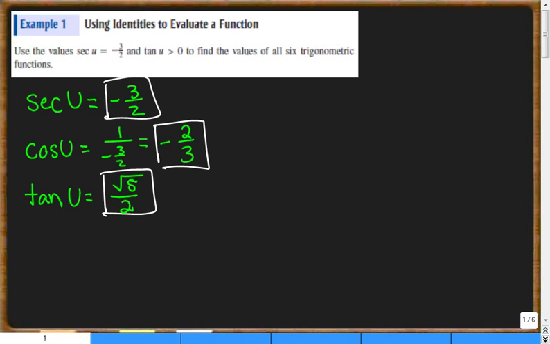Now, the next one I'm going to want to solve for is, why don't we get the sine? Sine will make things easy. The one thing I know is that sine is 1 over cosecant, which I don't have. But I do know another identity, which is that sine squared of u plus cosine squared of u is always 1. That's another one of our identities. Because I know what the cosine is, I can replace that and solve for sine.